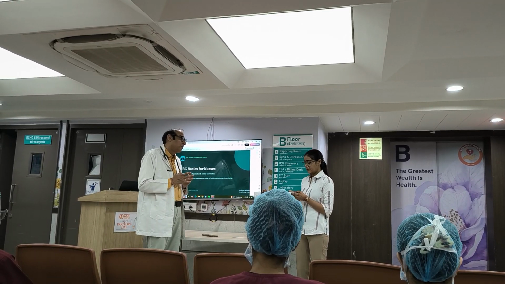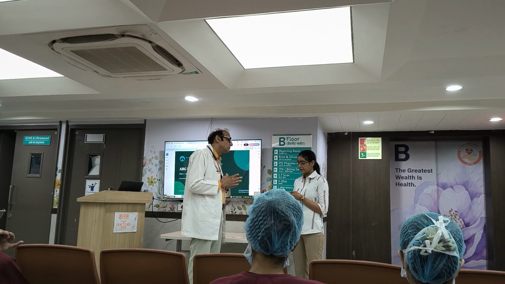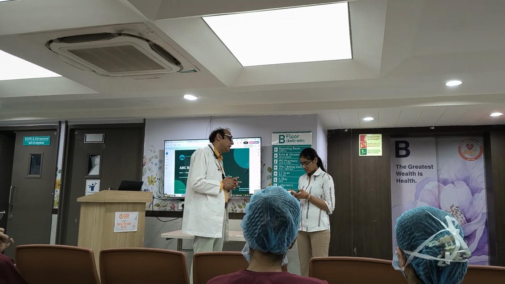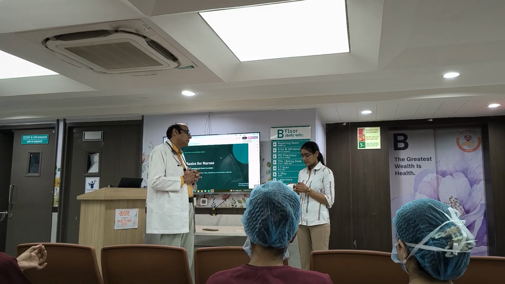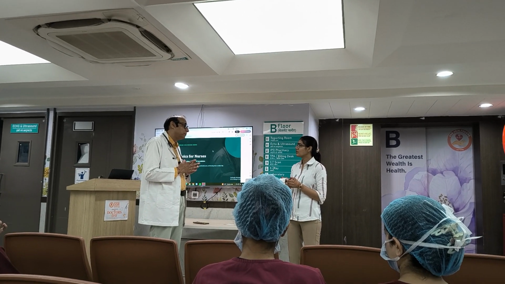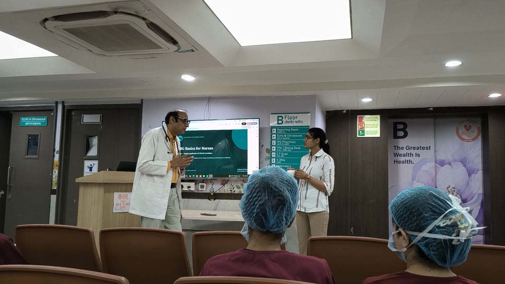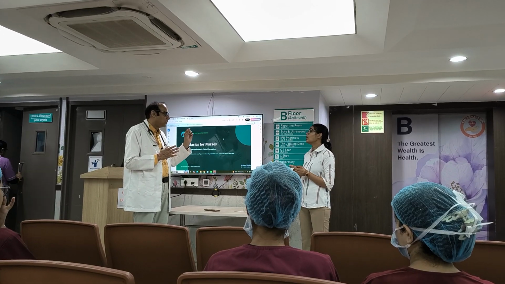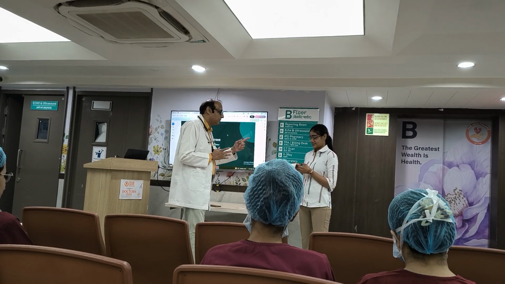Next, the electrolyte. Just remove the lead, go for bicarb. How much is normal? Can you tell me what is the normal value of bicarb? बाइकर में कितना वैल्यू होता है? 22 to 26. And after that, look at SpO2.